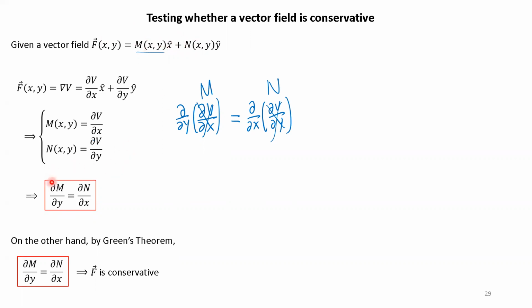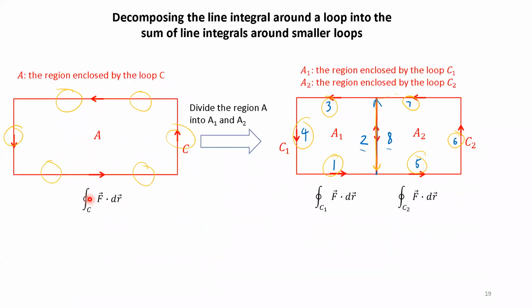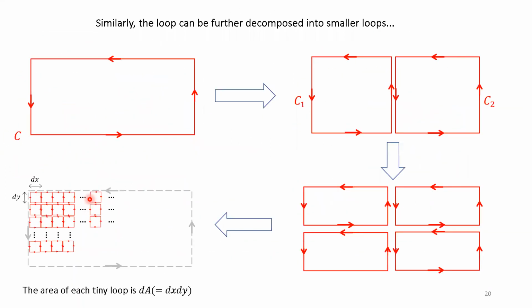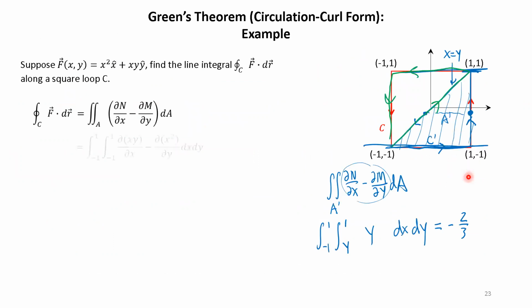When you look at this, it may again remind you of the circulation density, because remember in Green's theorem, the circulation density is this one minus this one, right? So saying that this one equals this one is the same as saying that the circulation density is 0.